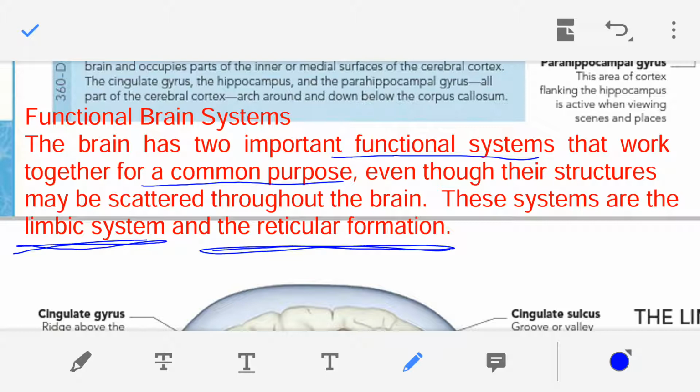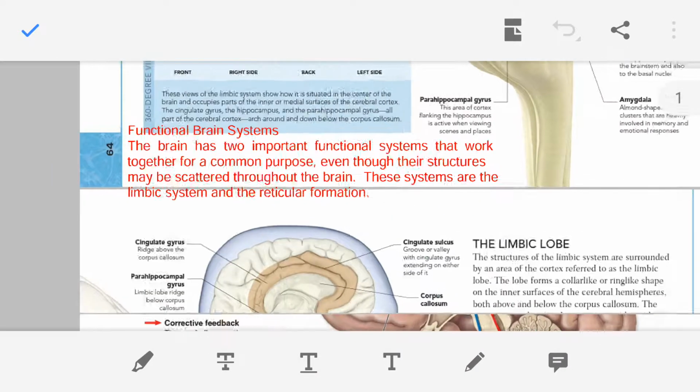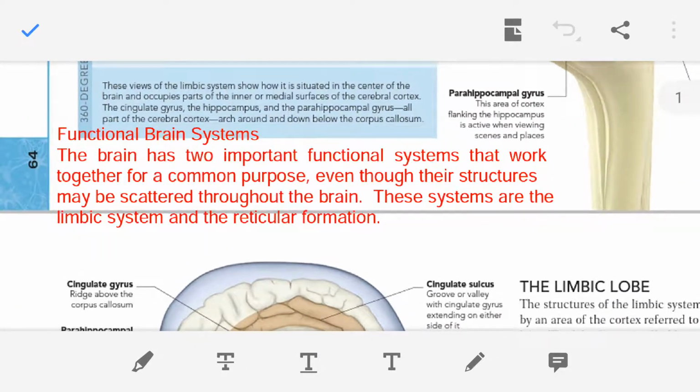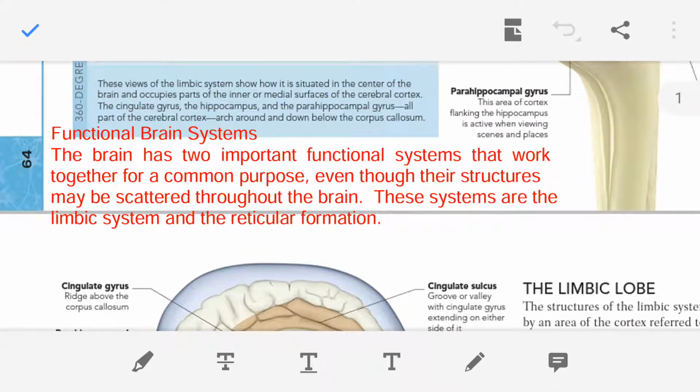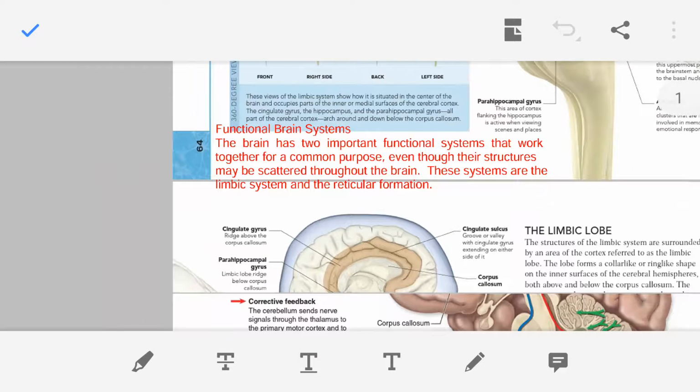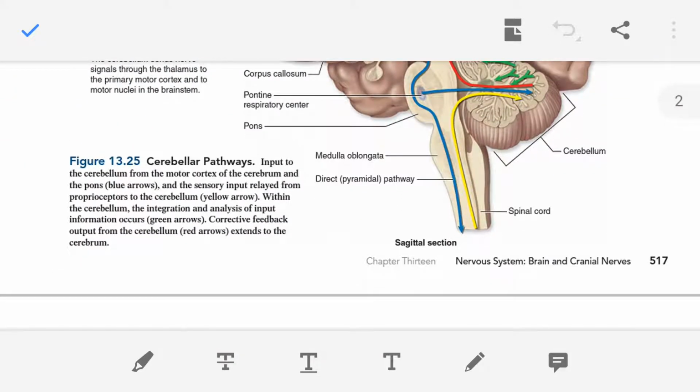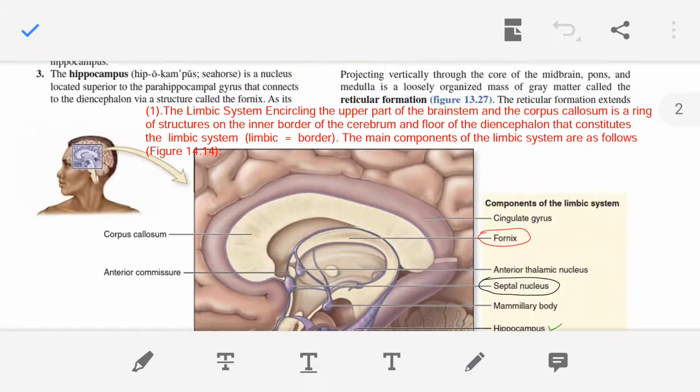The structures of both systems are scattered, dispersed throughout the brain. So here we remember that the limbic system and the reticular formation are the functional brain systems.